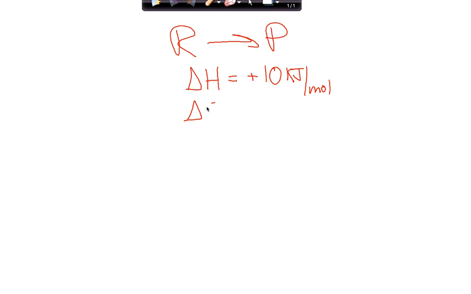And the delta S for this process is positive 275 joules per mole Kelvin. So guys, given this data, how could you figure out the temperature at which this thing will become spontaneous?